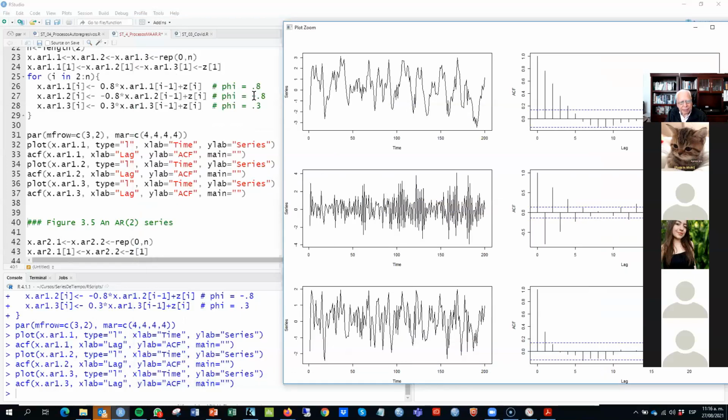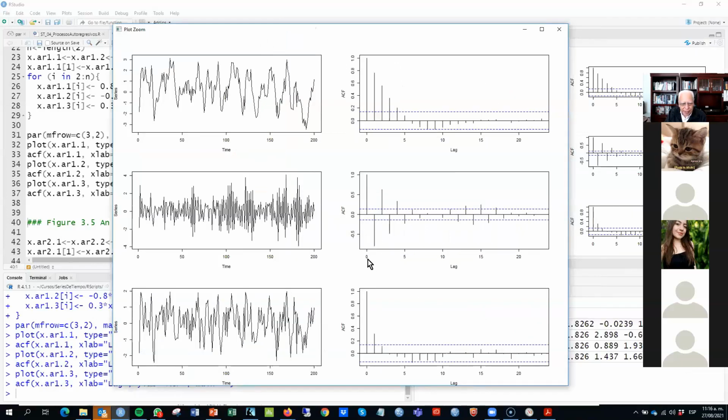Remember, the second case is minus 0.8, so that's why it alternates, and these are roughly minus 0.8. Remember, you ignore the 0 here. We'll use a different function to generate the ACFs that will omit this 0, so from now on, ignore the 0.